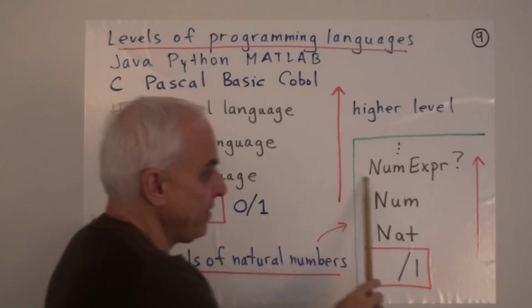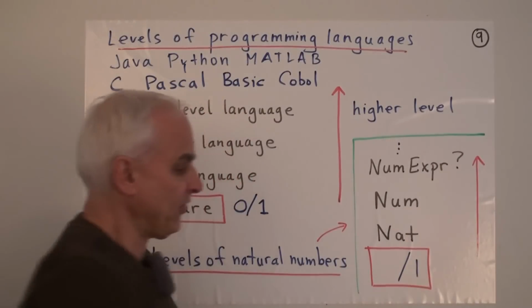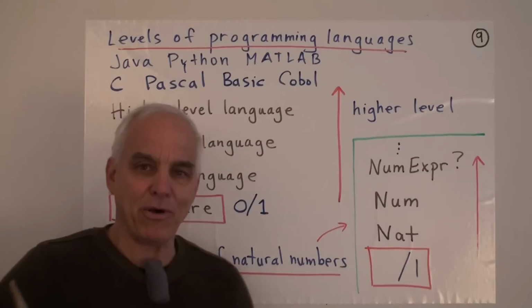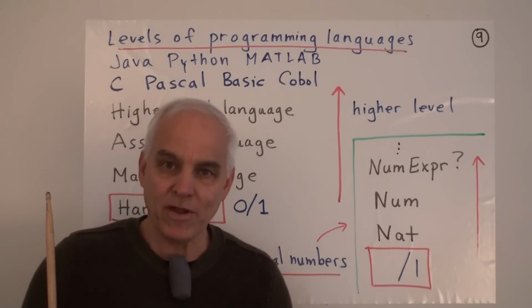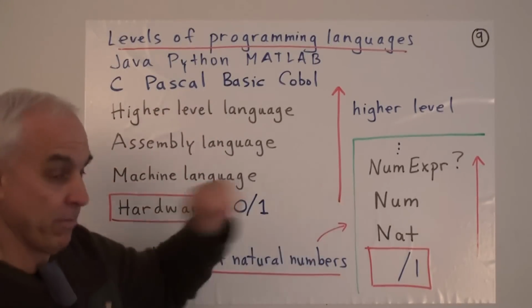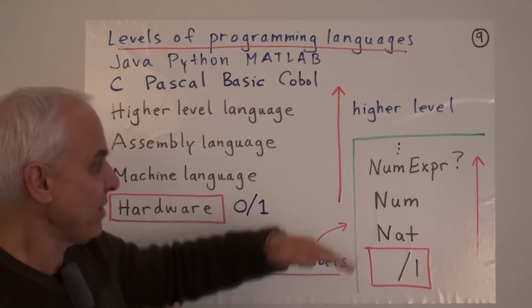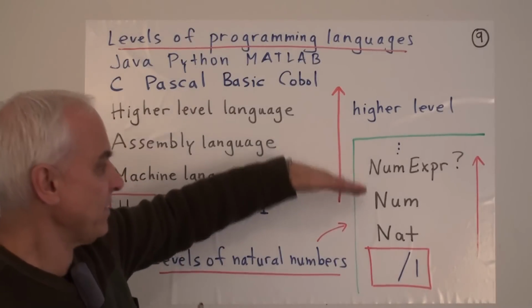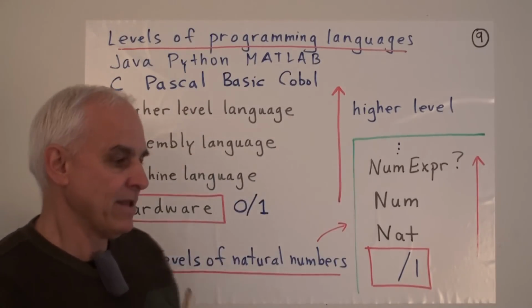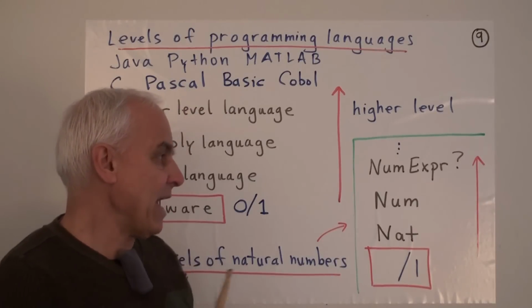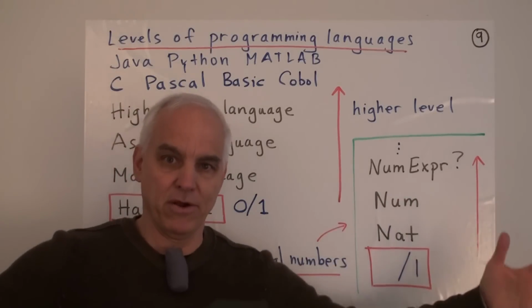So this is a natural next realm to see: can we jack up our arithmetic with natural numbers from the level of Hindu-Arabic numerals to something more sophisticated, something more powerful, something that allows us to get at bigger and bigger numbers.